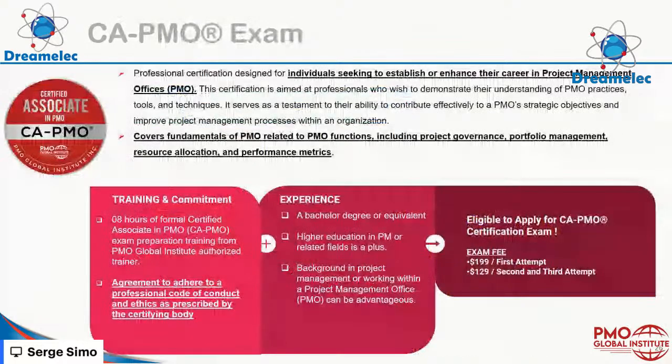The CA-PMO is really for those who are seeking to establish or enhance their career in project management office, like newcomers, like newly graduated people, or those who just started to gain some interest in the project management area.